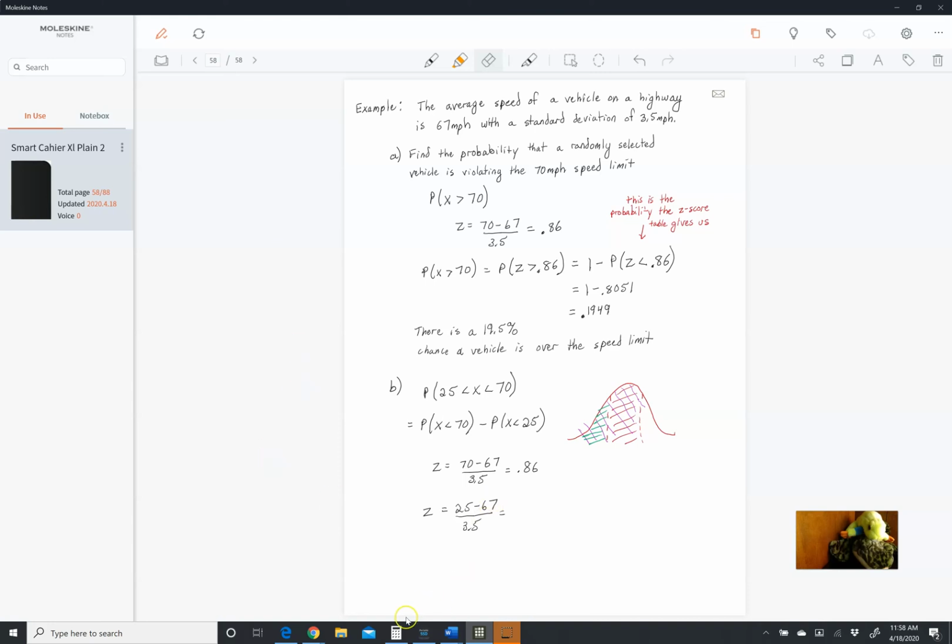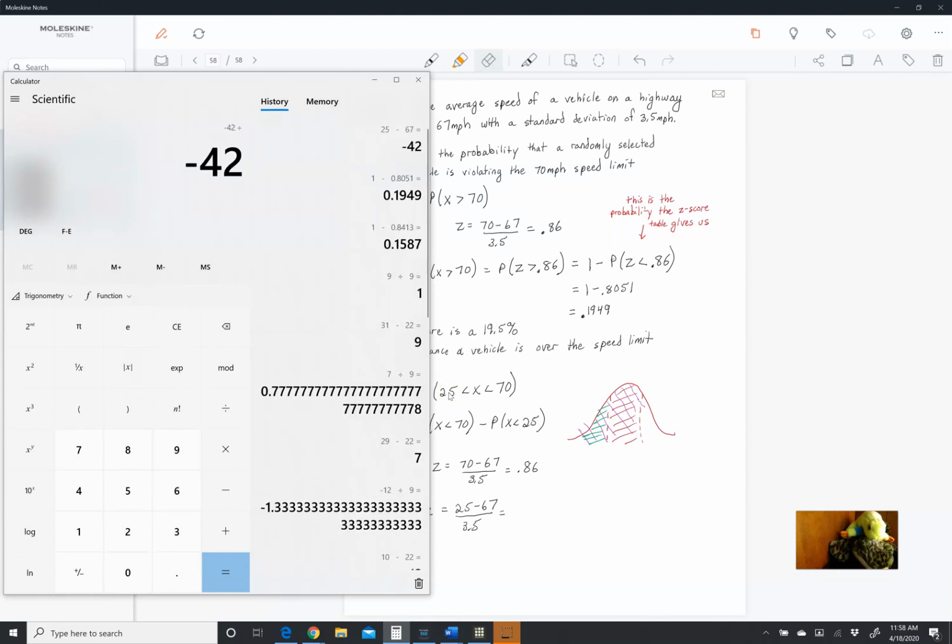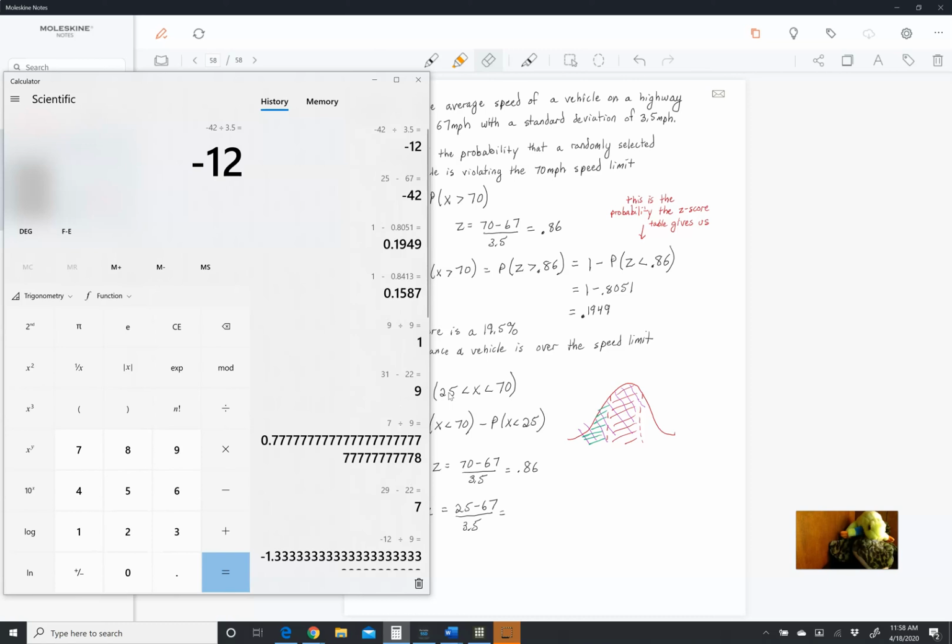If we go to our calculator, we get, that doesn't make sense. I guess it does.